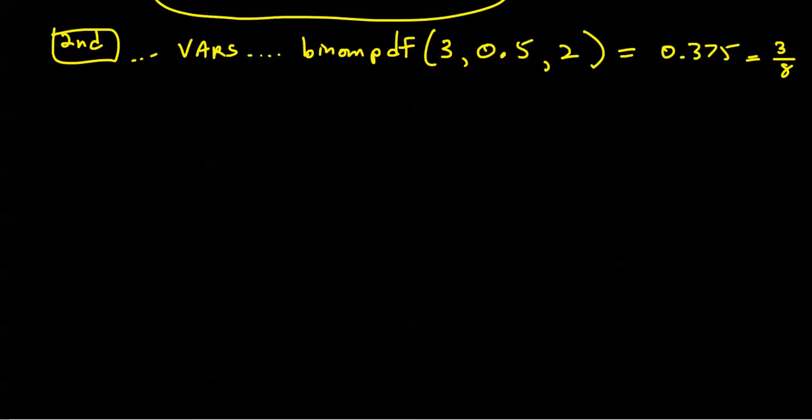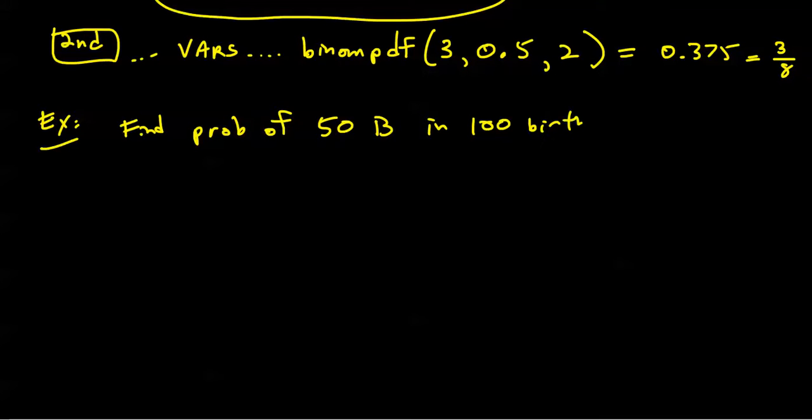Let's do another example, maybe a little harder one. Well, maybe it's not so hard now. Let's write down: find the probability of 50 boys in 100 births. As we mentioned earlier in the lecture, if you've got 100 births, that means you've got 2 to the 100th power possible outcomes.